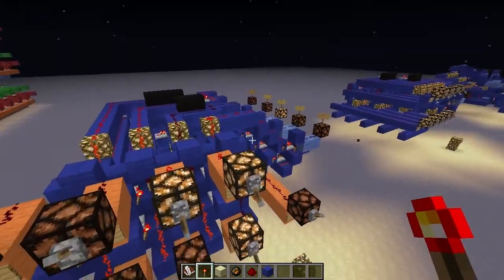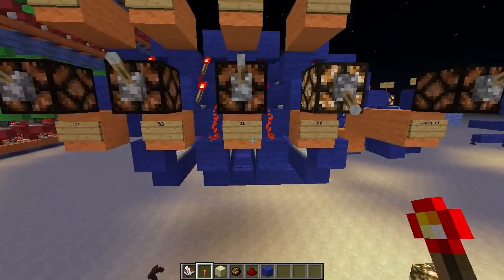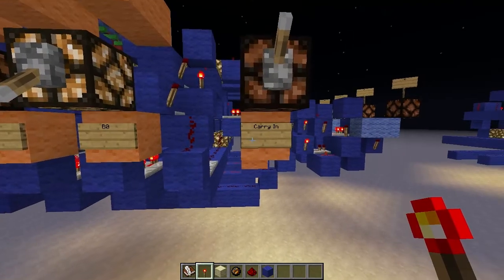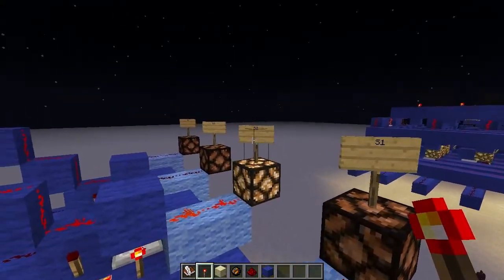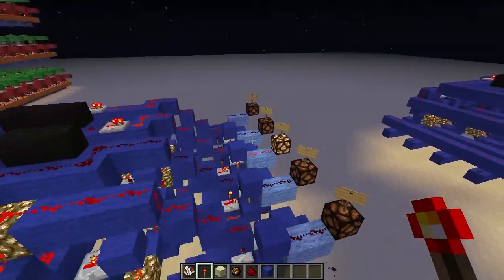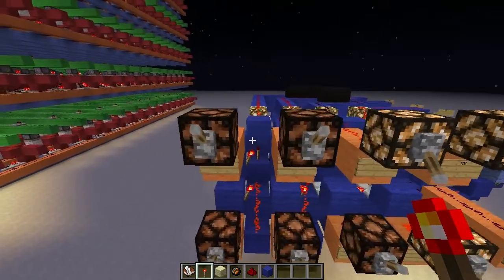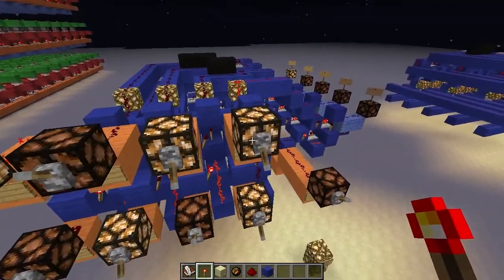So this is input bits for the adder, this is the other operand, this is carry in, those are output bits 0, 1, 2, 3 and carry out. So it adds pretty fast, I guess, for pistonless adder.